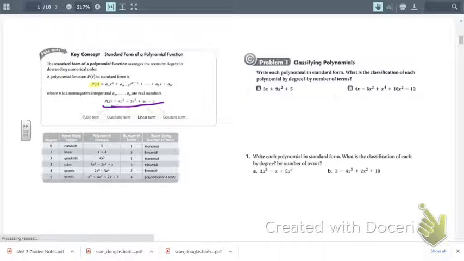Notice that the exponents 3, 2, 1, and then our constant are written in descending order. That is standard form. So when you get a polynomial function or a polynomial, you want to put it in standard form first.